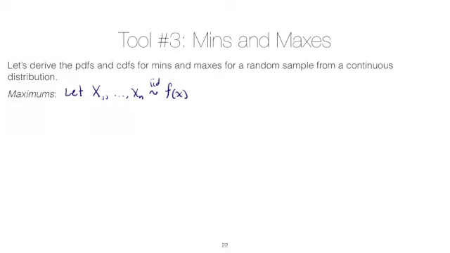I'm saying it's some distribution with a PDF f of x, and it'll also have a CDF capital F of x. Our goal here is to find the distribution of the maximum of the sample.